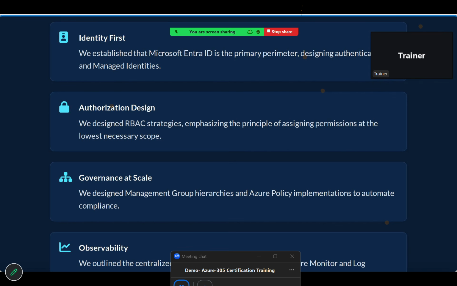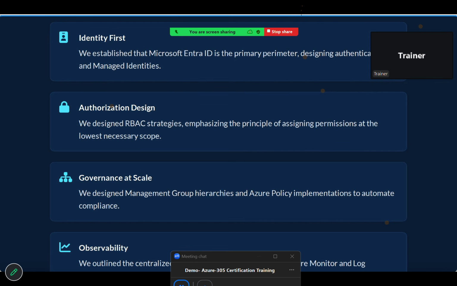If you don't know who is accessing the resources, you can't enforce policy, protect your data, and ensure compliance. In Azure, identity, which is Microsoft Entra ID, is the control plane for authentication, authorization, and governance. And if it's compromised, every security control behind it becomes useless.